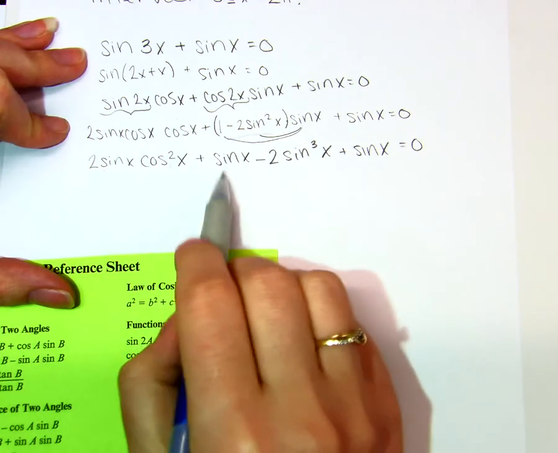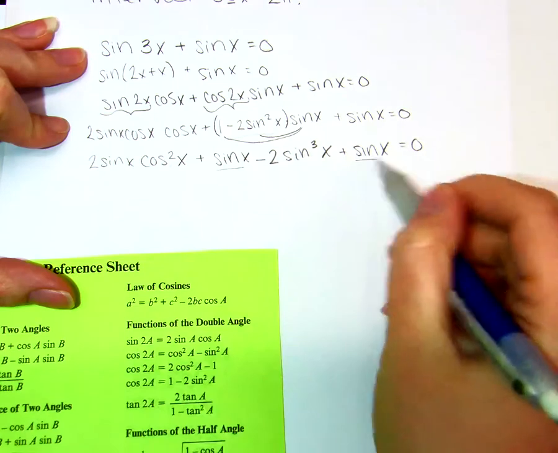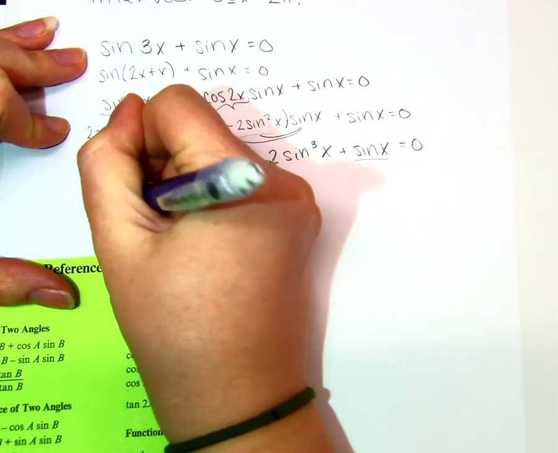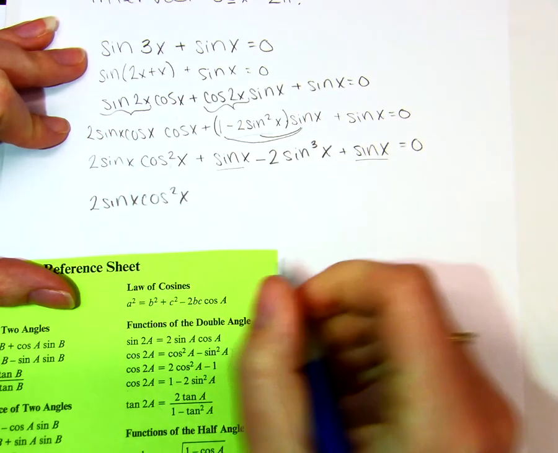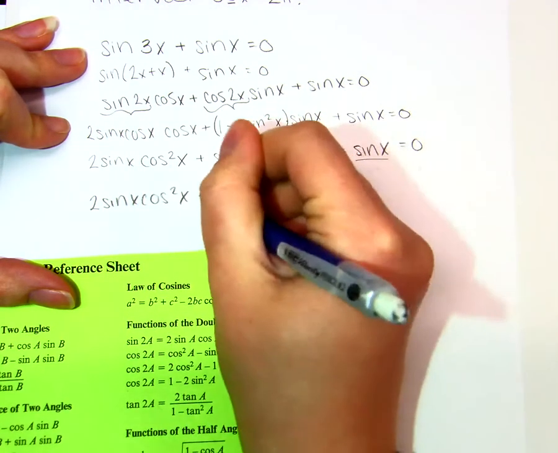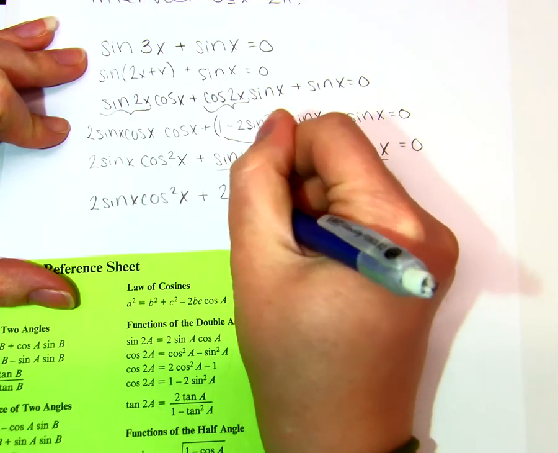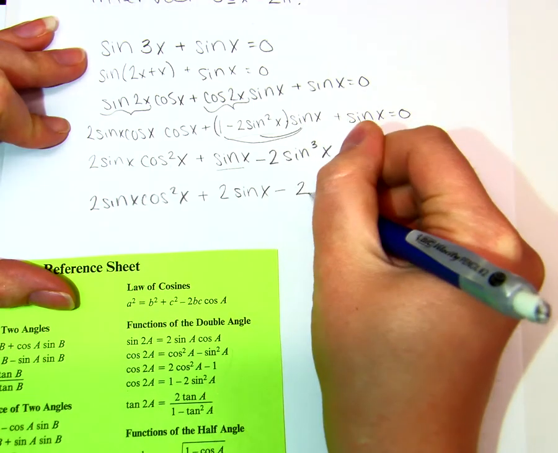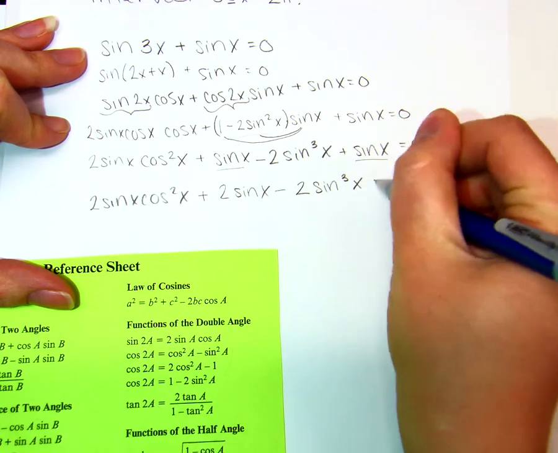So now if I look at my quantities, I have a sine x and another sine x, so I can combine those two. So now I have 2 sine x cosine squared x plus sine x and sine x is going to give me 2 sine x minus 2 sine cubed x equals 0.